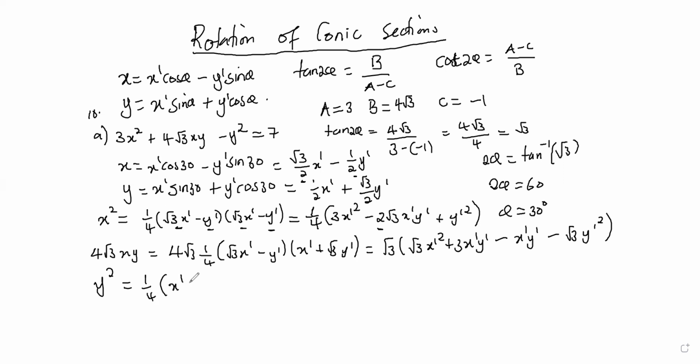Then we remain with x prime plus root 3 y prime multiplied by x prime plus root 3 y prime, which is 1/4 x prime squared plus 2 root 3 x prime y prime plus 3 y prime squared.